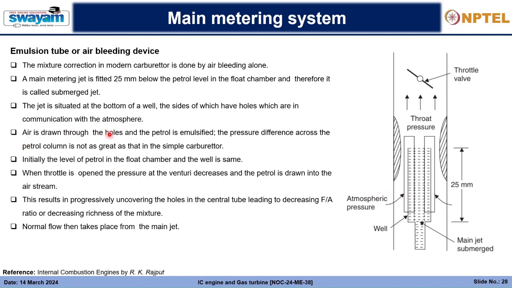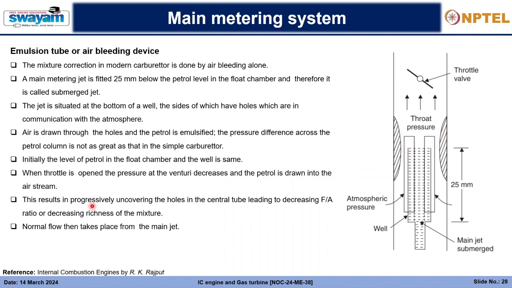Then air is drawn through the holes, and the petrol is emulsified. The pressure difference across the petrol column is not as great as in the simple carburetor. Initially the level of petrol in the float chamber and the well is the same, but when the throttle is opened, the pressure at the venturi decreases, and the petrol is drawn into the airstream.